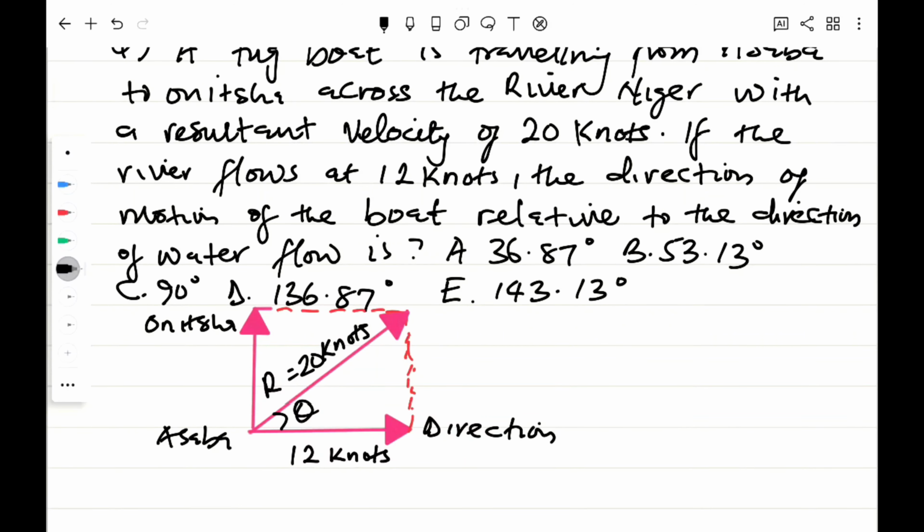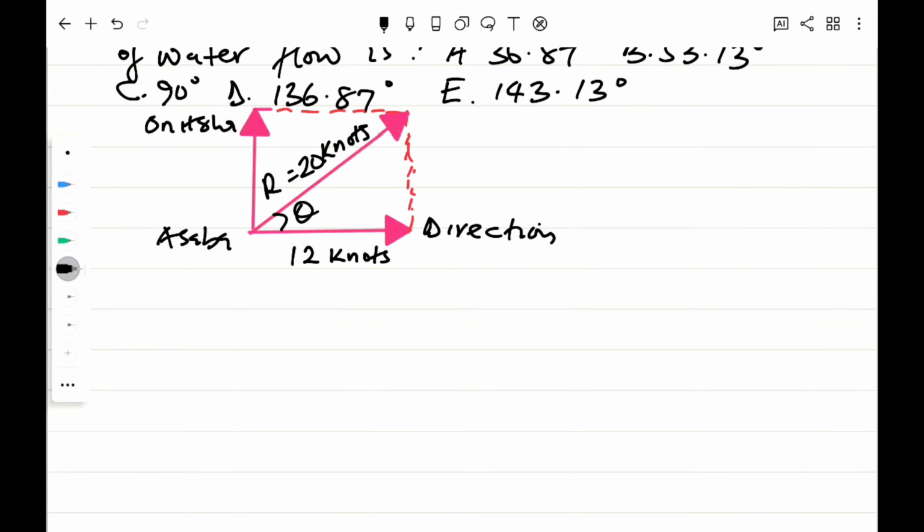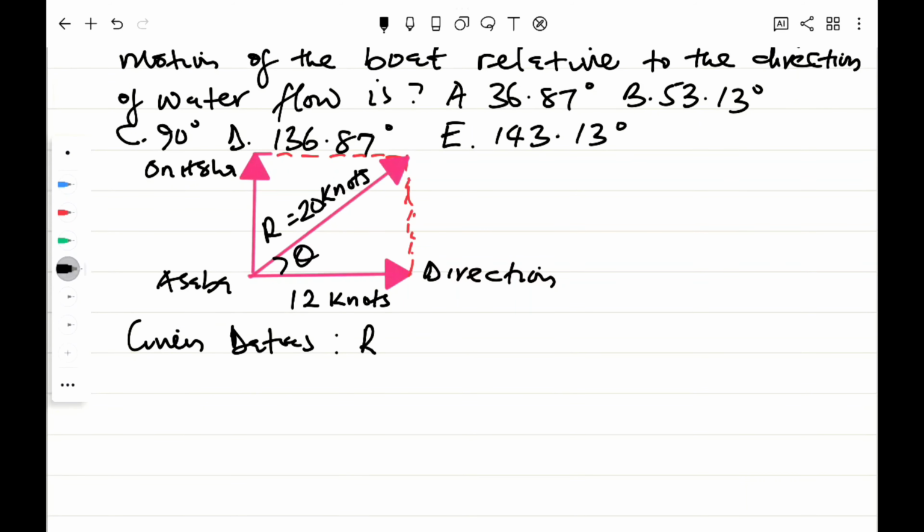Using this diagram, you see that the hypotenuse is given and the adjacent is also given. The given data: our R is 20 knots, which is our hypotenuse, and our 12 knots is the adjacent.